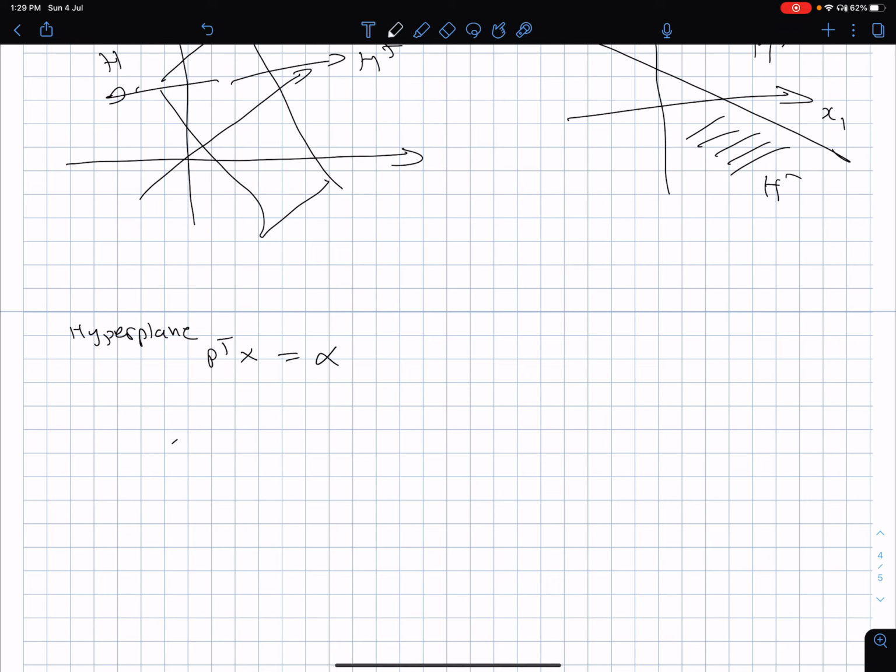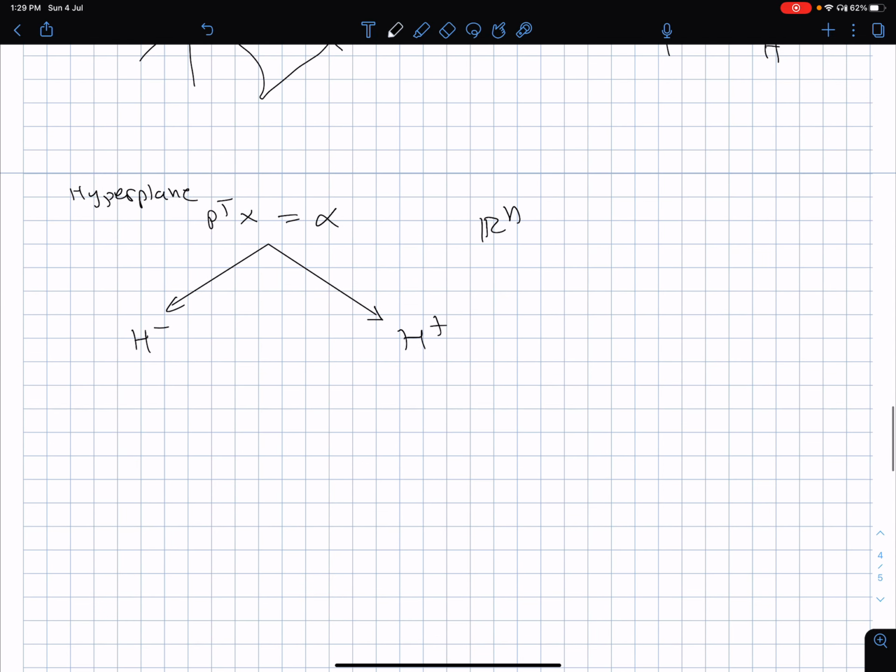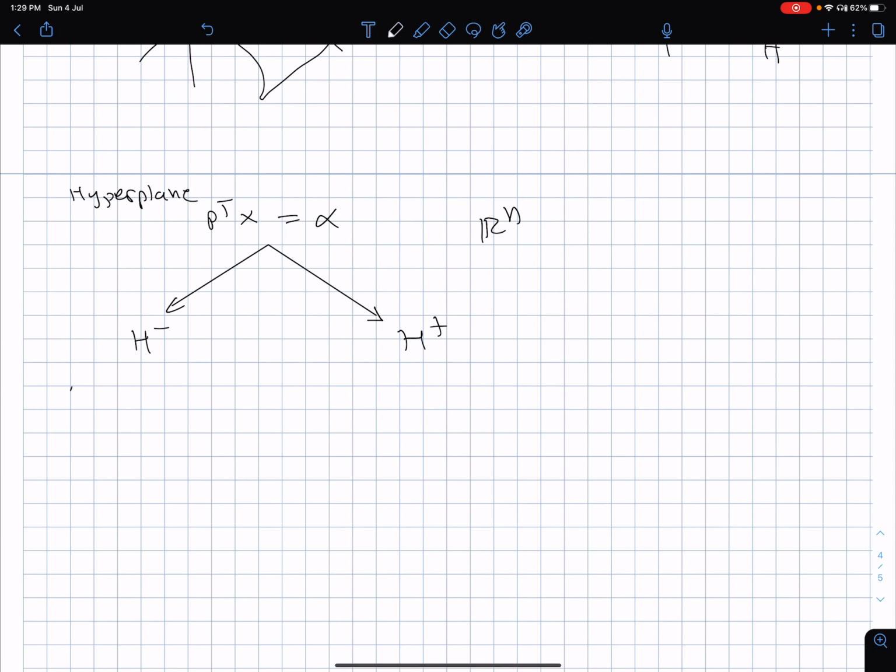It divides the n-dimensional space Rn into two halves, h minus and h plus, where h minus, which is what I am taking right now as my set S, is nothing but the set of all x such that P transpose x is less than or equal to alpha.